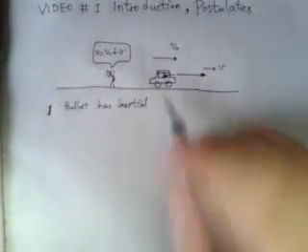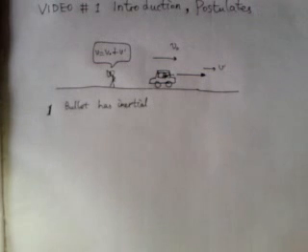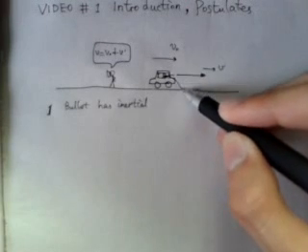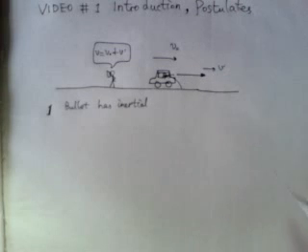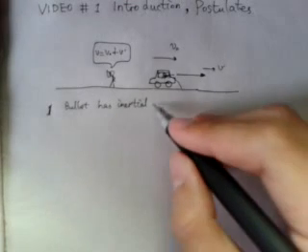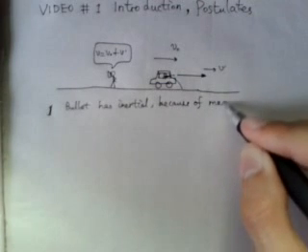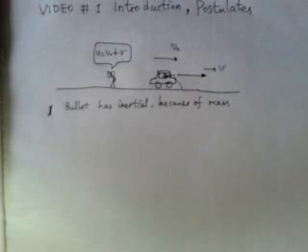So if the man just drops the gun, lets it go without any external pushes, the gun will drop like a parabola. What I mean is that the bullet and the gun have inertia, which is because of what? Which is because of mass, right? The more massive the bullet is, the more inertia it has.